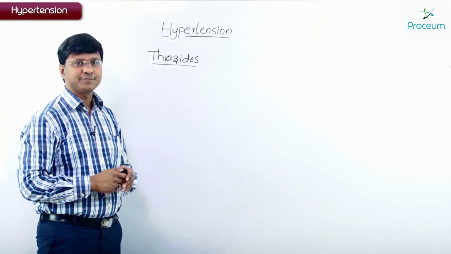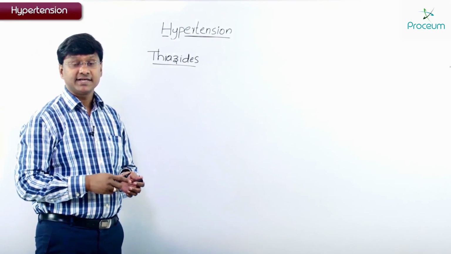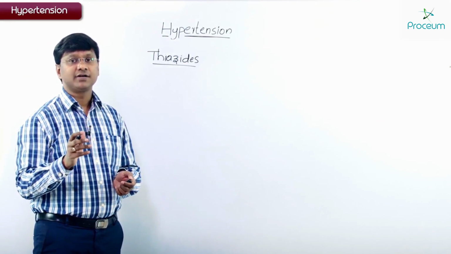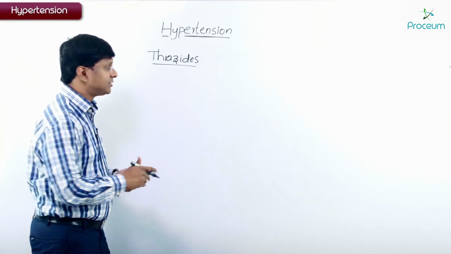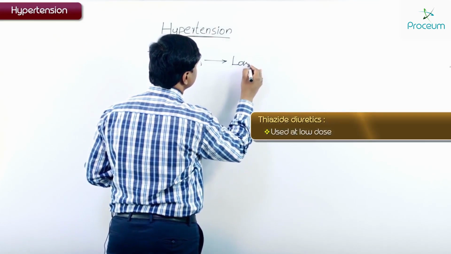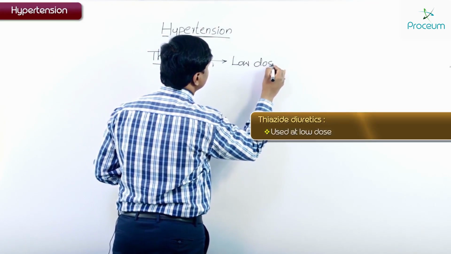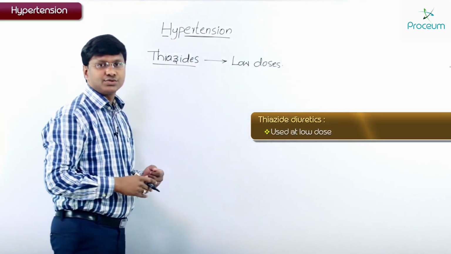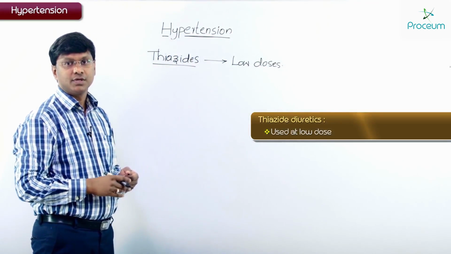Whenever thiazides are given as part of the treatment of hypertension, they should always be used at low doses. Why?